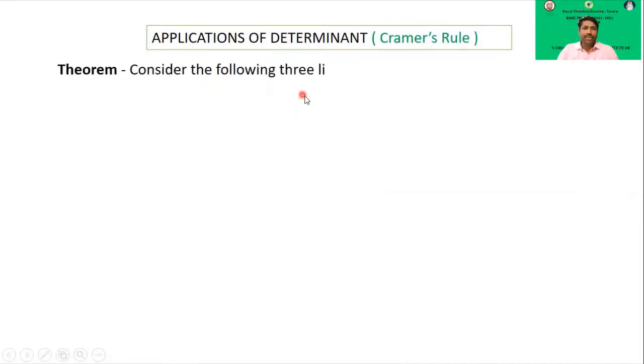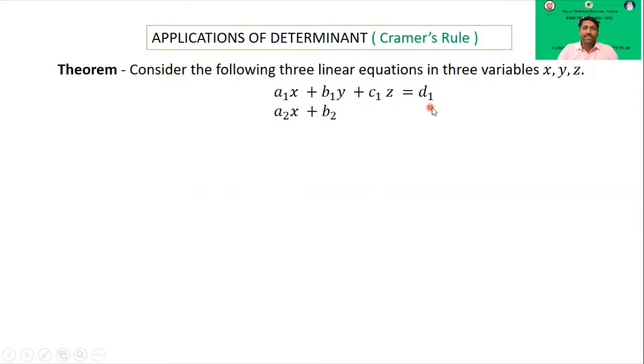Consider the following three linear equations in three variables x, y, z. a1x plus b1y plus c1z is equal to d1. Second one is a2x plus b2y plus c2z is equal to d2. a3x plus b3y plus c3z is equal to d3.